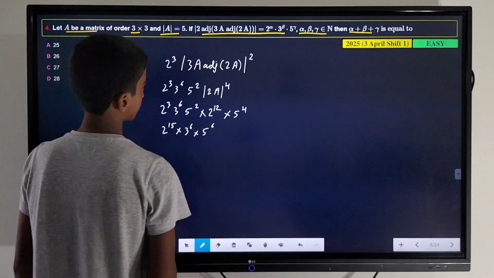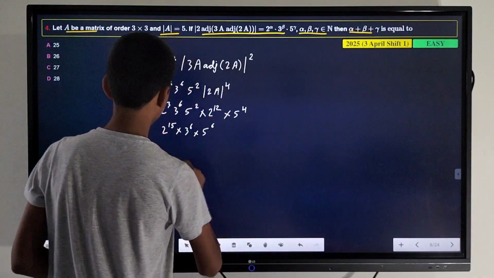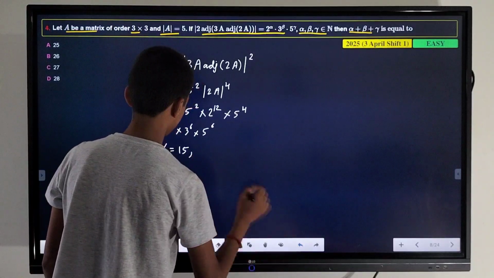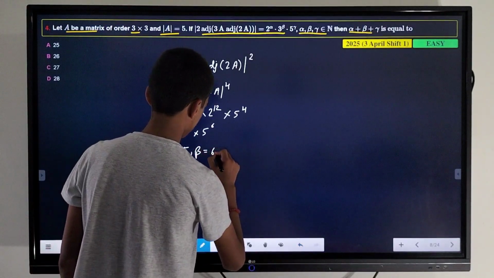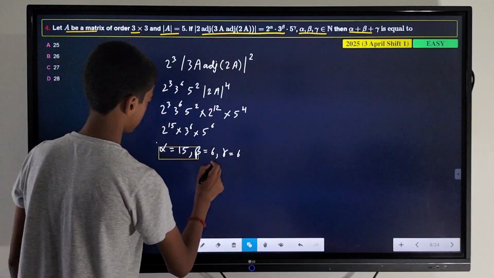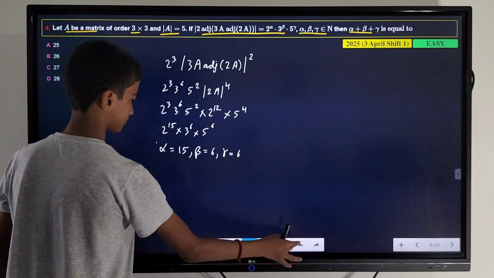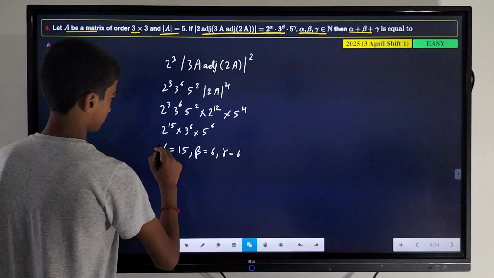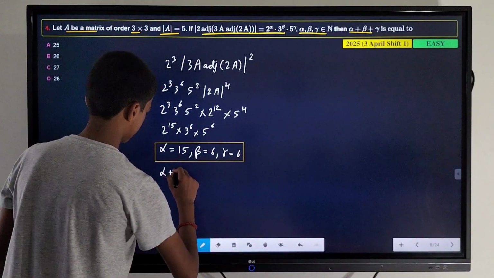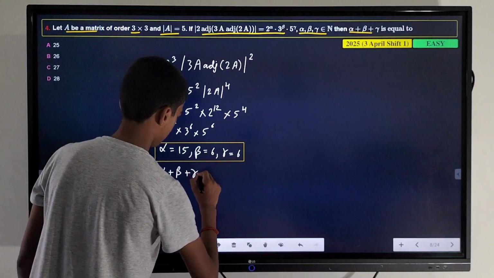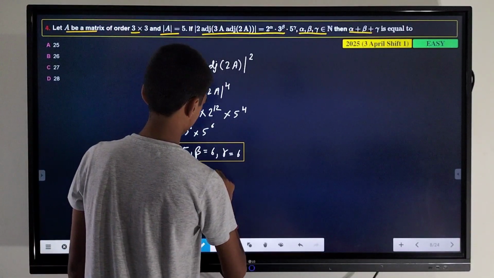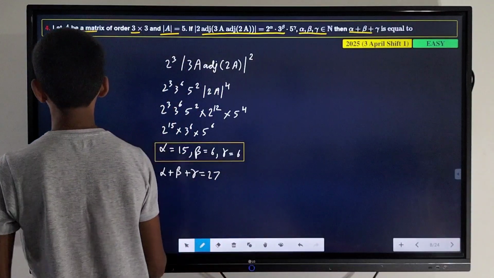So on comparing, we will get alpha is equal to 15, beta is equal to 6 and gamma is also equal to 6. So from here, alpha plus beta plus gamma is equal to 15 plus 12, 27.